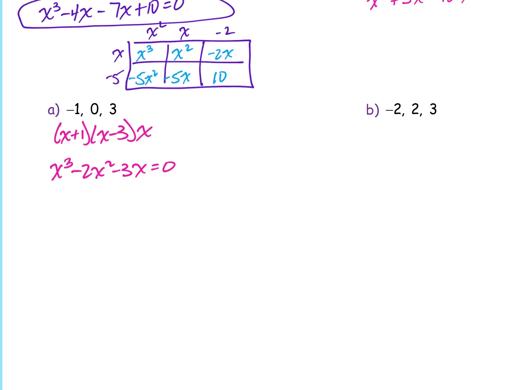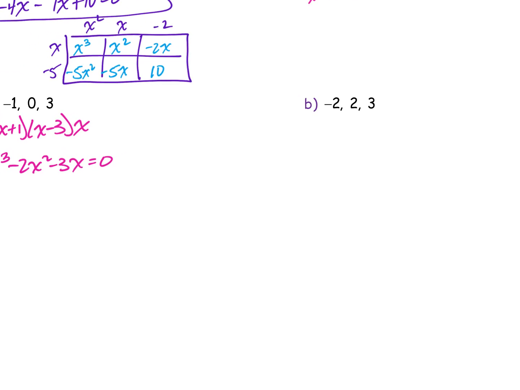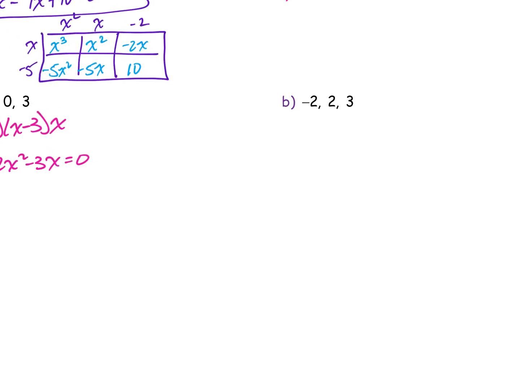And then on this one, part B, you should have multiplied together x plus 2 times x minus 2 times x minus 3. Okay. And gotten x cubed minus 3x squared minus 4x plus 12 equals 0. Any questions on either one of them? Nice. Good job. Okay.